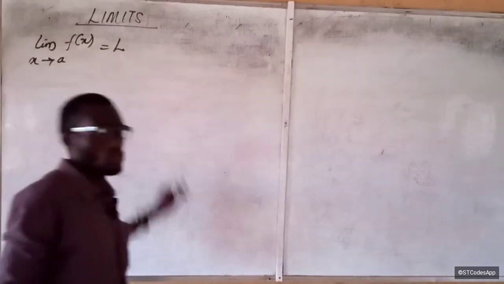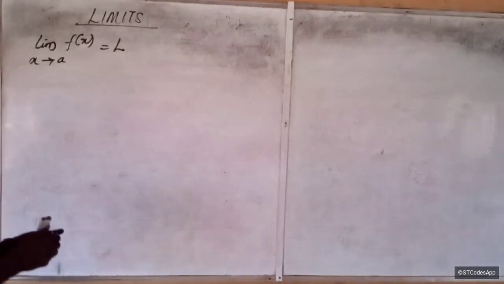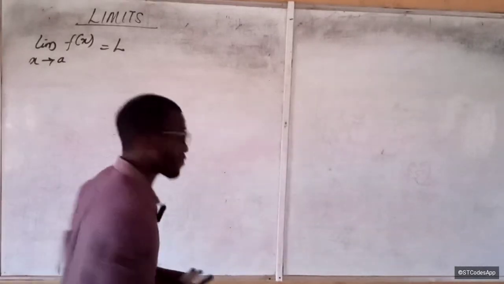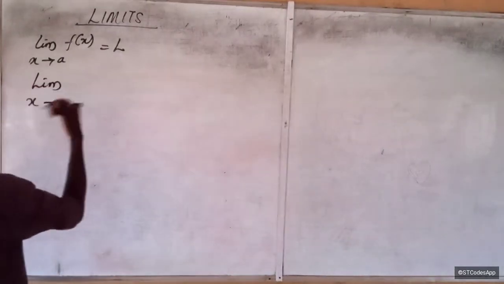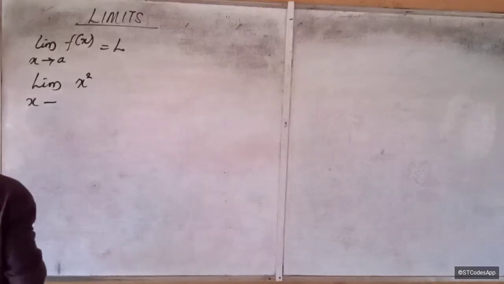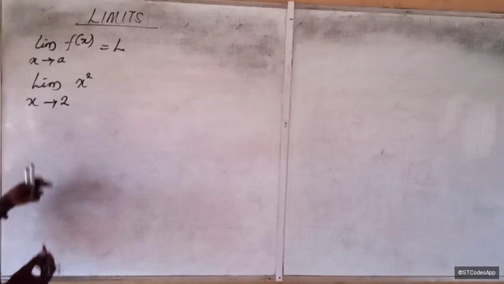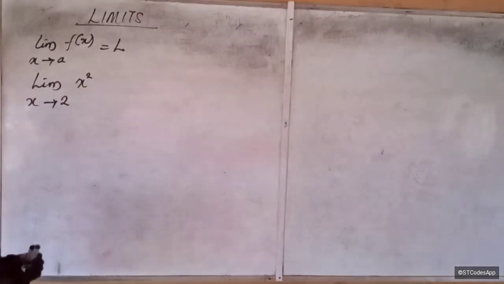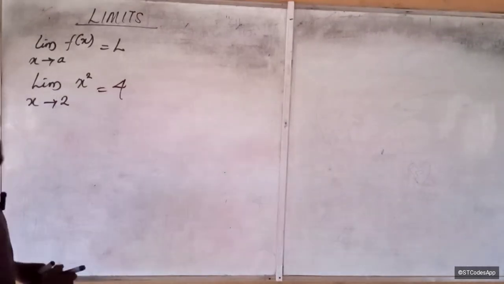Is that okay? So, let's consider a quadratic function, for example. I could have the limit of this quadratic function as x tends to, let's say, 2. So what is the limit of this function as x tends to 2? The limit of this function is 4. What does this mean?